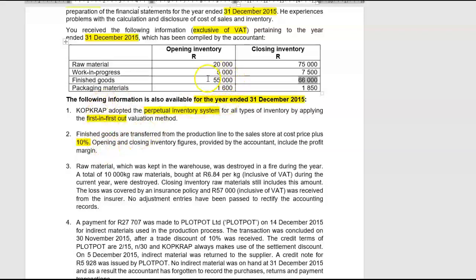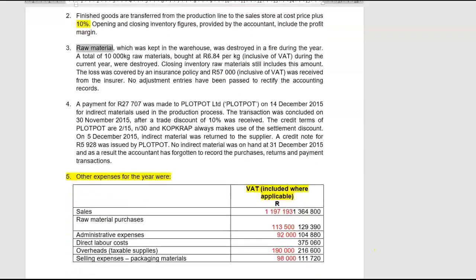Opening balance would have been 55,000 times 10 divided by 110, which gives me 5,000 Rand. And closing balance would have been 66,000 multiplied by 10 divided by 110 equals 6,000. Then there was some raw material which was actually destroyed in a fire. So we're going to do that one in a little while.